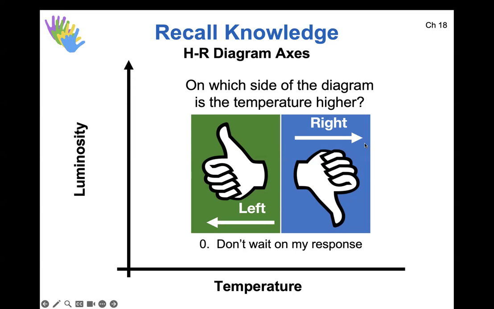I purposely didn't call attention to this when we first saw the HR diagram yesterday, but did anybody notice on which side of the diagram is the temperature higher? The left or the right? It's the horizontal axis, but are the high temperatures over here on the left, or further to the right?